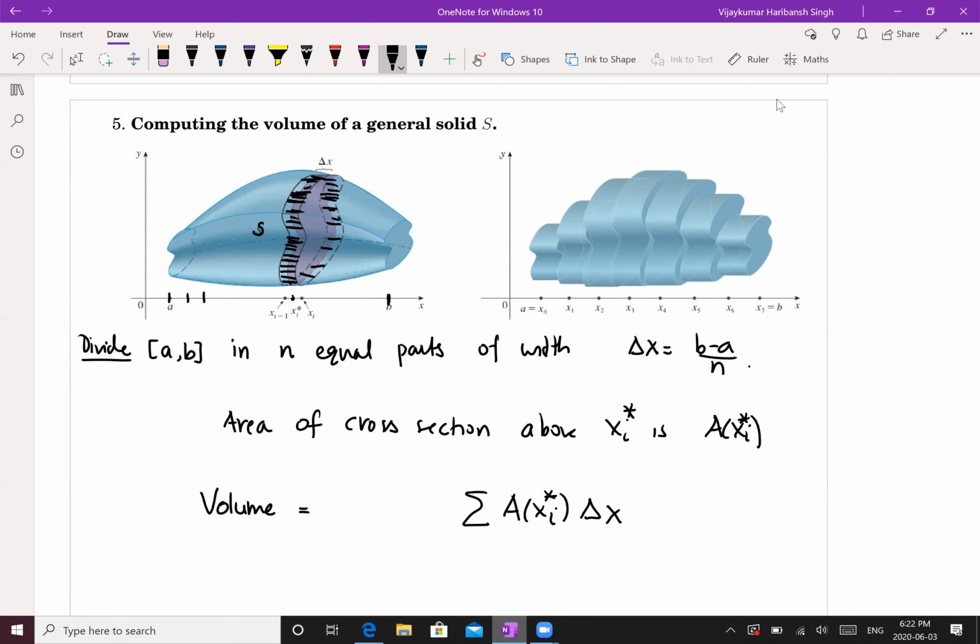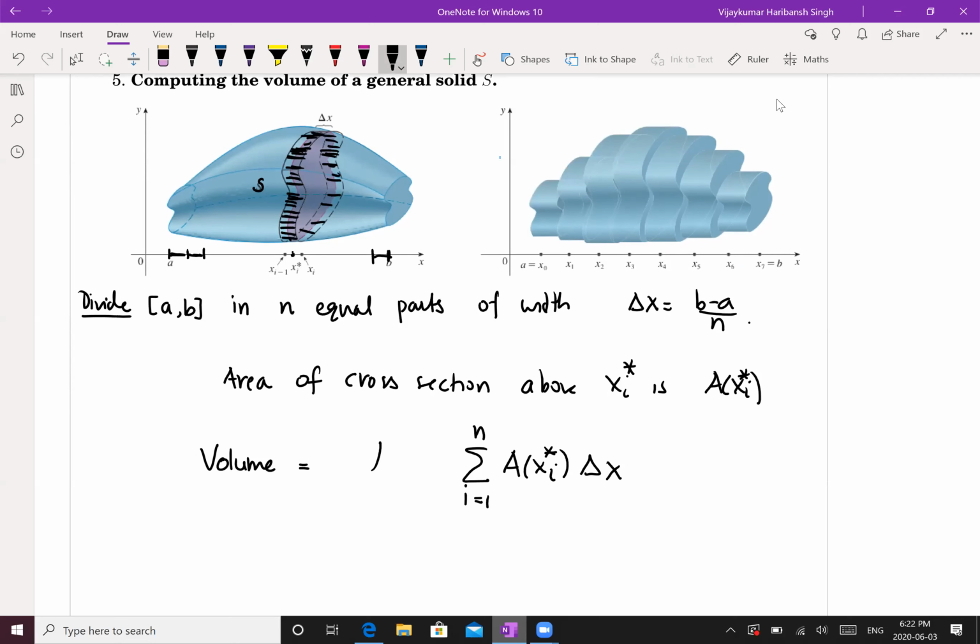You add all of them up to get the volume on top of all subintervals. And then you take the limit as n goes to infinity to make it refined. So this is the volume of the solid.